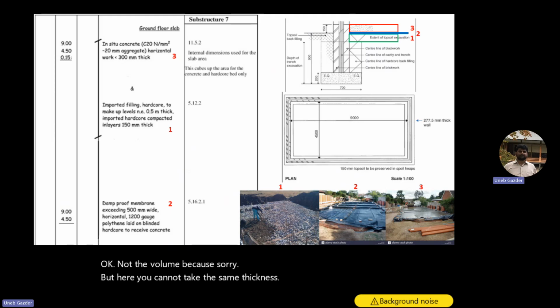Slab concrete is not measured in square, it is cubic, unless you have a slab which is precast. But the point is, this bracketing is just showing the area.